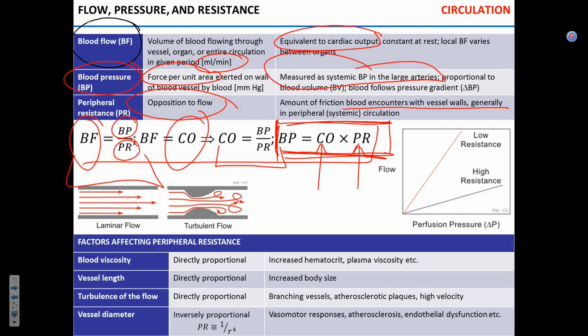How can you increase peripheral resistance? Okay, let's talk about it. In the long-term perspective, peripheral resistance will go up as your blood becomes more viscous. Increased blood viscosity. What can make it more viscous?